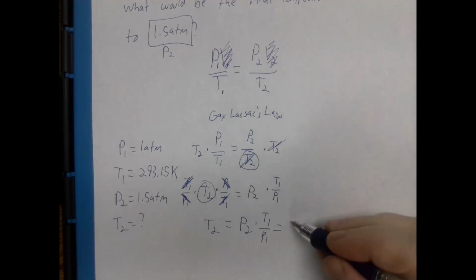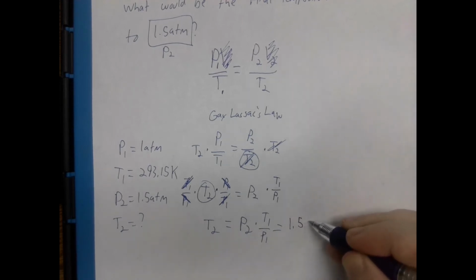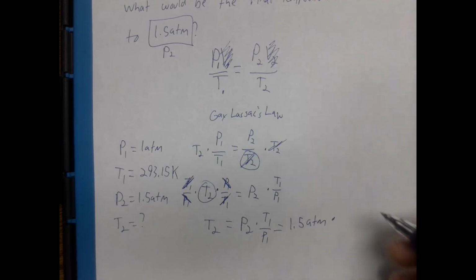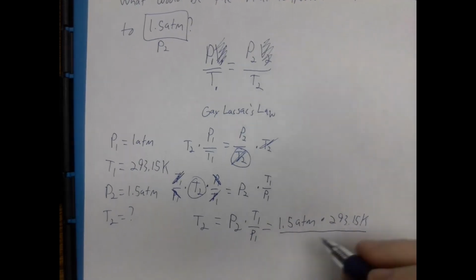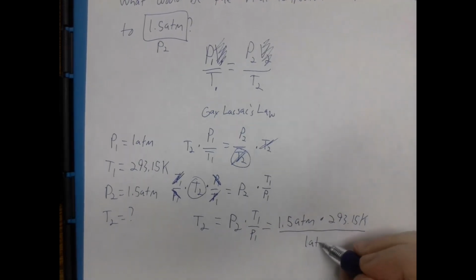Plug in units. P2 is equal to 1.5 atmospheres times T1, 293.15 Kelvin, divided by pressure 1, which is 1 atmosphere.